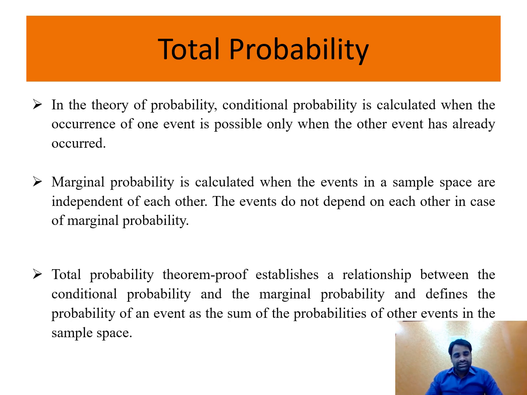Similarly, we have joint probability, and statistically independent events or mutually exclusive events. What is the formula of joint probability?